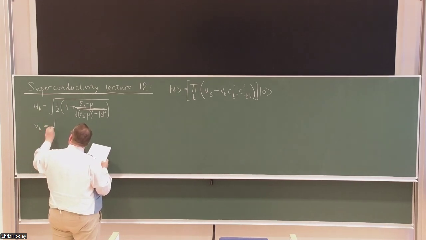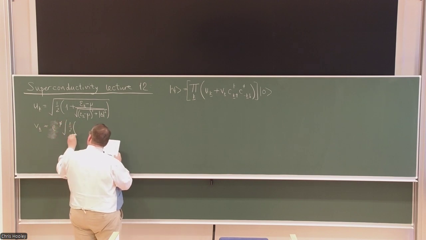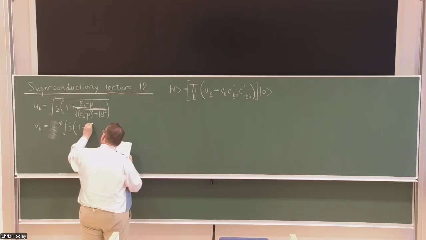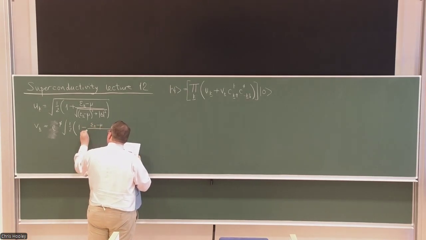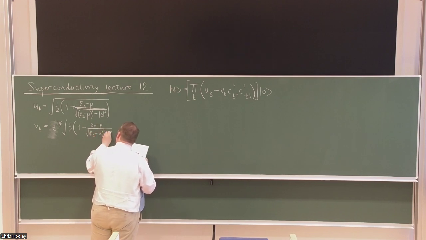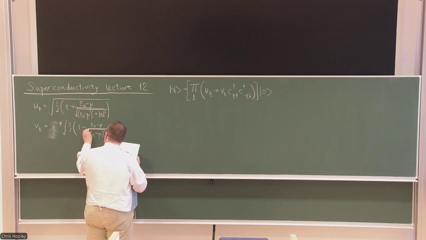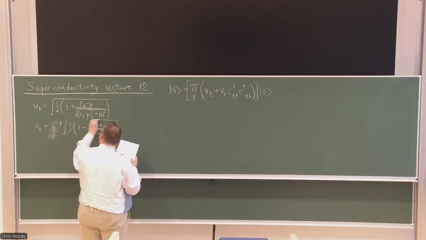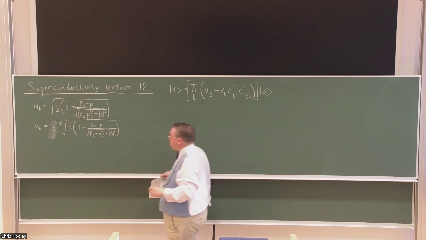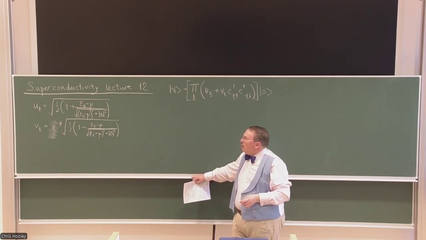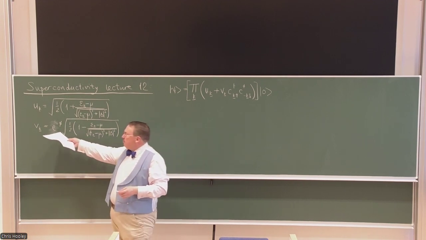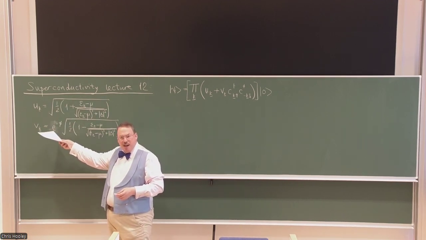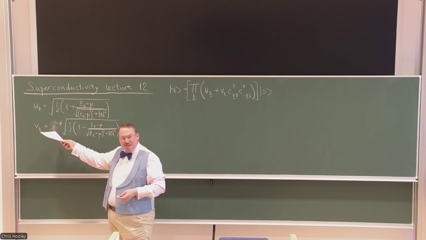But actually for the state that we wrote down, yes, so I'll put an e to the i phi in front of it. Square roots everywhere, but that's BCS theory for you. So that phi is the relative phase between V and U, and therefore it is the phase of the superconducting order parameter. Right?